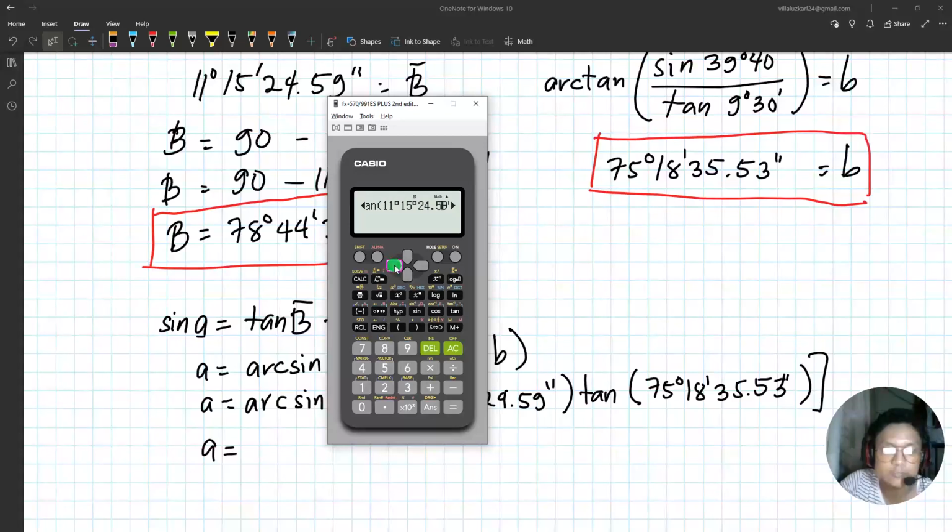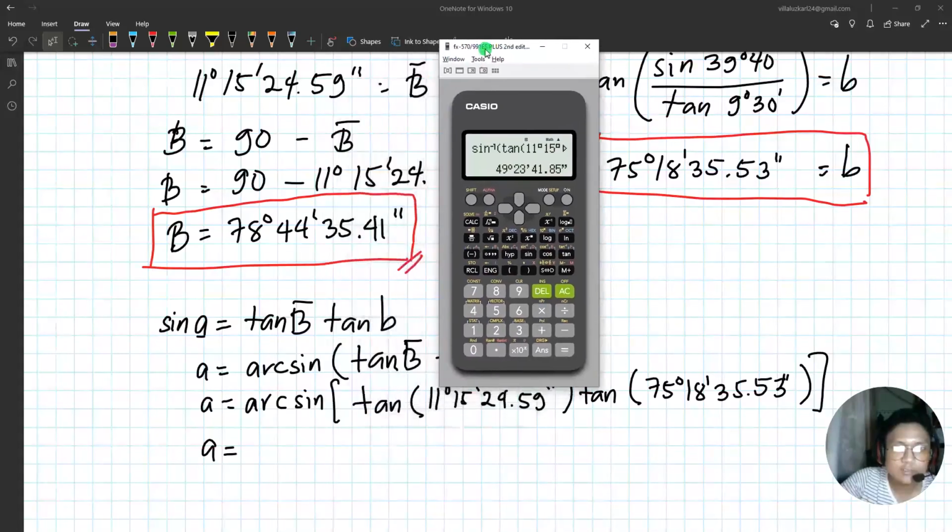Okay, that's it. Side A is 49 degrees 23 minutes.